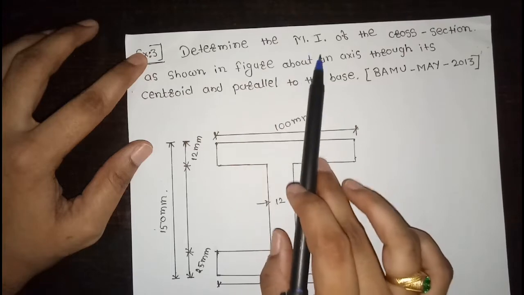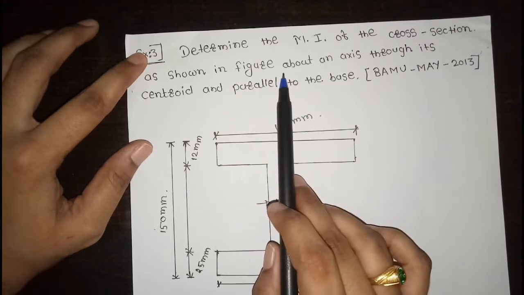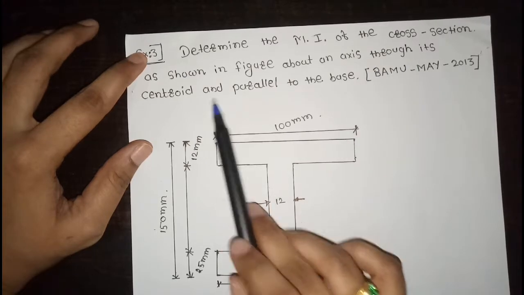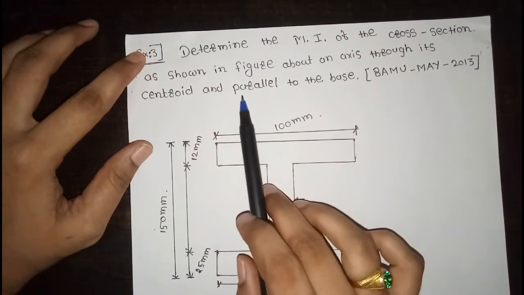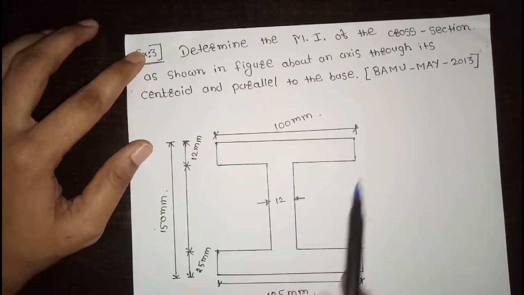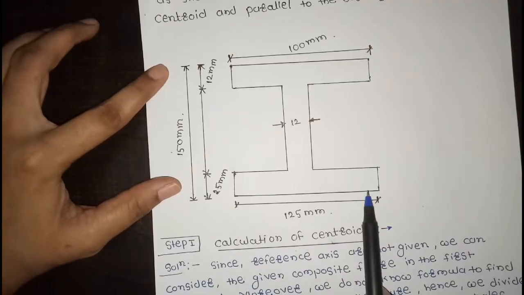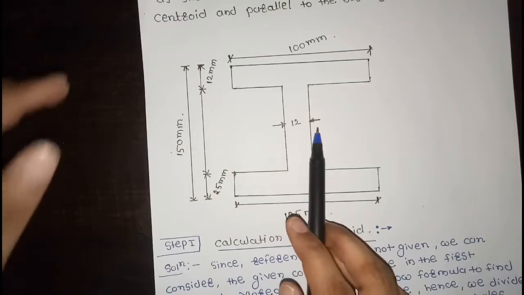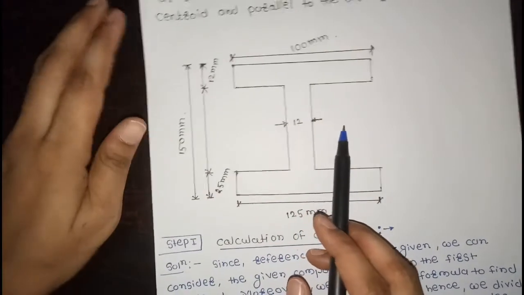Calculate the moment of inertia about an axis through its centroid and parallel to the base, means calculate Ixx, the moment of inertia about the x-axis.